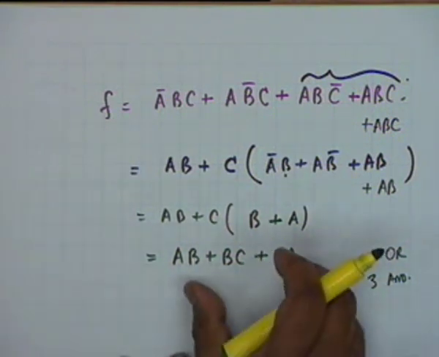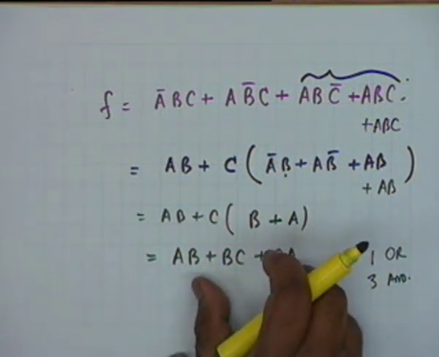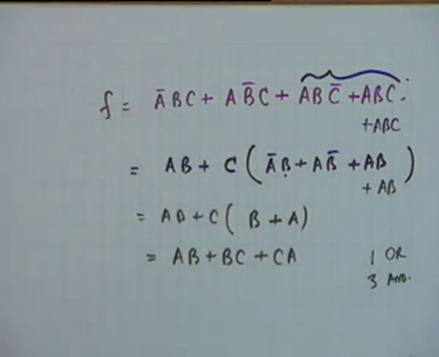Okay, this is a simplified form. One 3 input OR gate. If you don't have 3 input OR gates, what do you do? Two input OR gate. Okay.